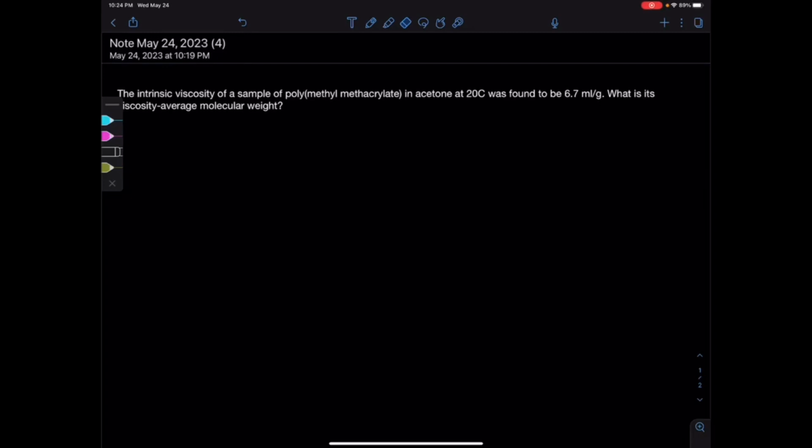The intrinsic viscosity of a sample of polymethyl methacrylate in acetone at 20 degrees Celsius was found to be 6.7 milliliters per gram. What is its viscosity average molecular weight? We know from the Mark-Houwink equation, eta equals K Mv to the power a, where eta is the intrinsic viscosity, K is a constant, Mv is the viscosity average molecular weight, and a is a constant.